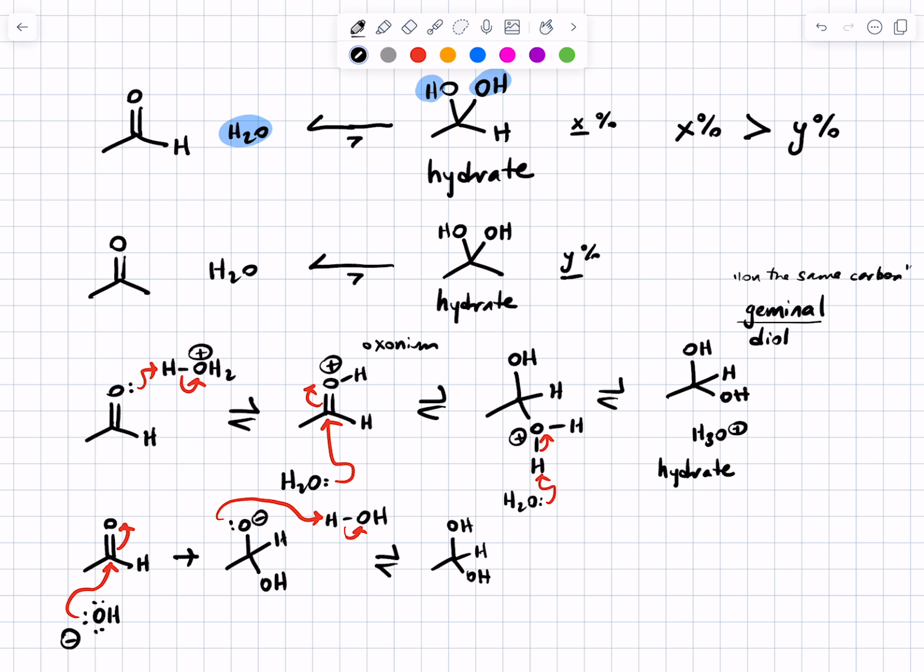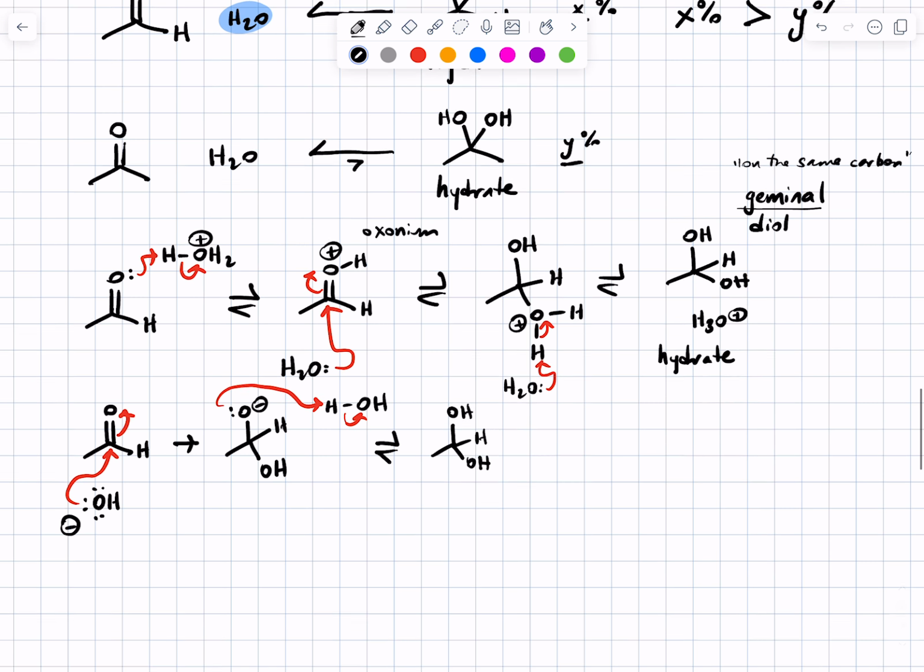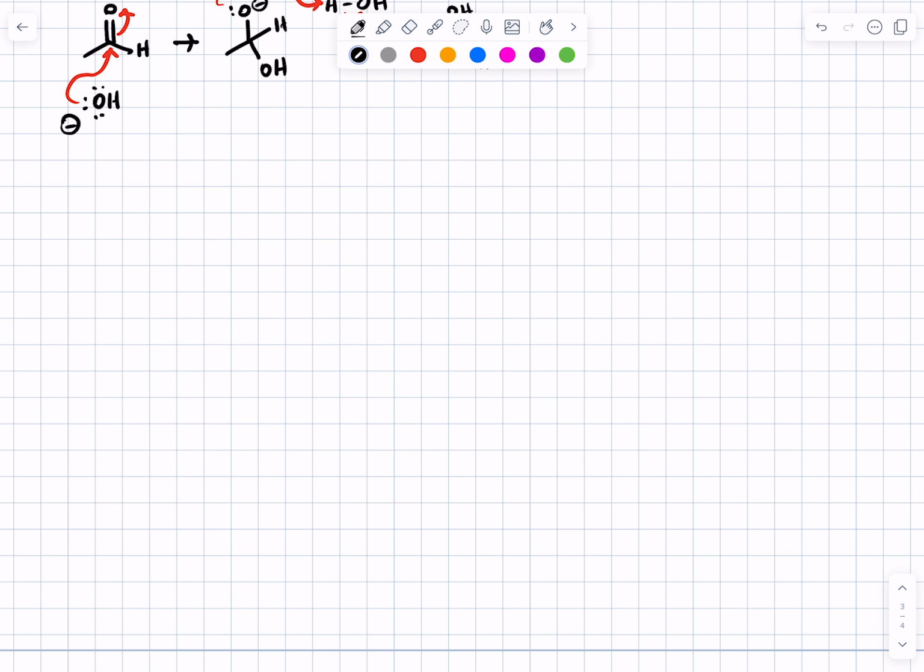We're going to be using not water, but alcohols to react with carbonyl compounds. Okay? When you add alcohols to carbonyl compounds like aldehydes or ketones, the resulting products are called acetals.